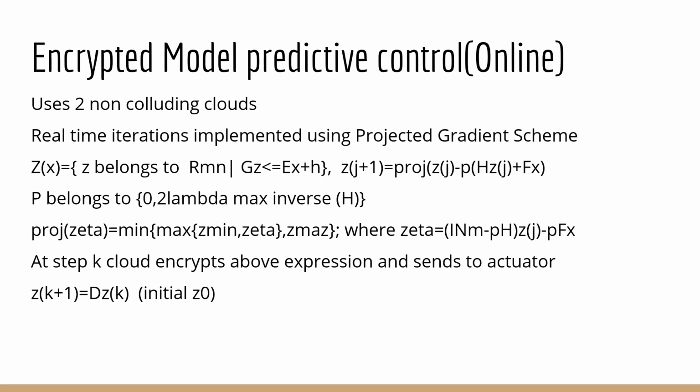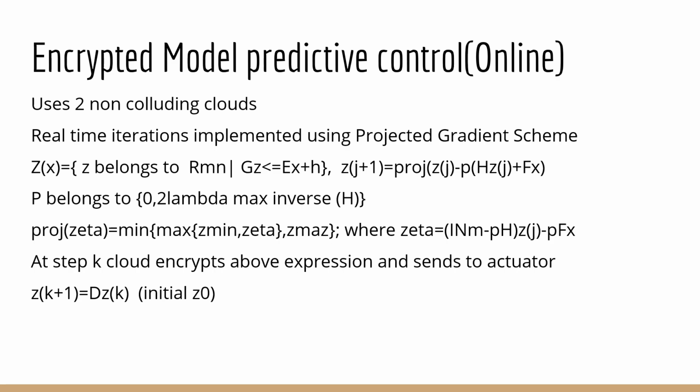In online optimization, there is something called z0 of k, which is the encrypted initial guess. At step k, the sensor sends this encrypted initial guess plus x of k, which is the state, to the cloud. And this initial guess is solved using gradient descent.